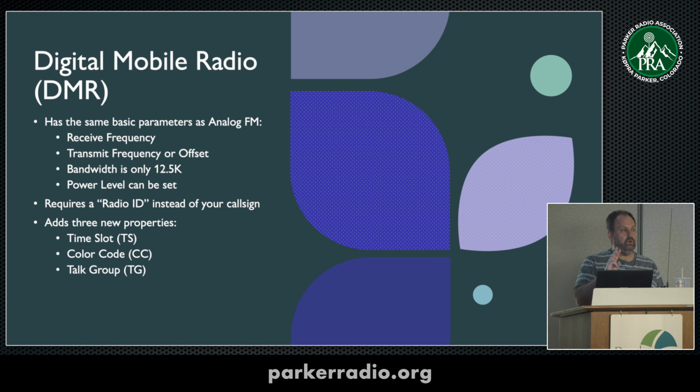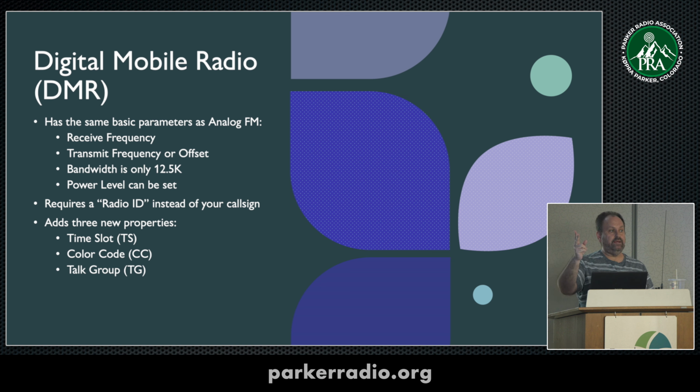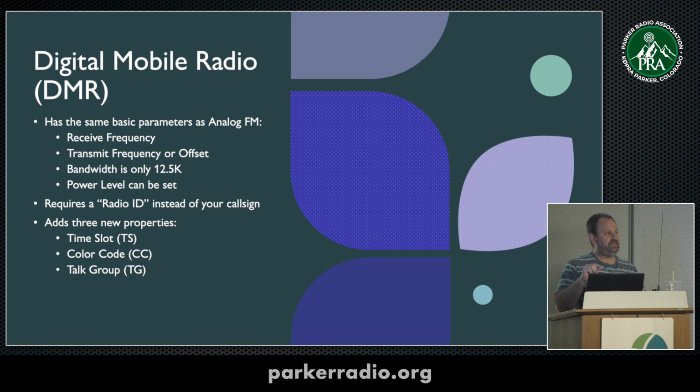DMR, though, also has 3 additional parameters that you need to set, in addition to our standard receive and transmit frequency and power, and so on. And they are the time slot, because there's 2, time slot 1 and time slot 2. It takes turns listening and transmitting. The color code, which is, for all intents and purposes, like the CTCSS code that we use on analog.